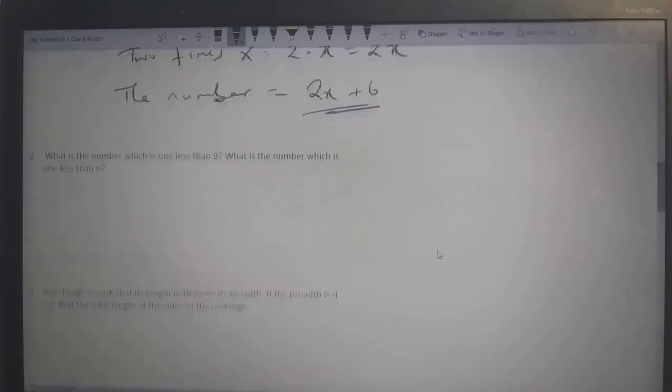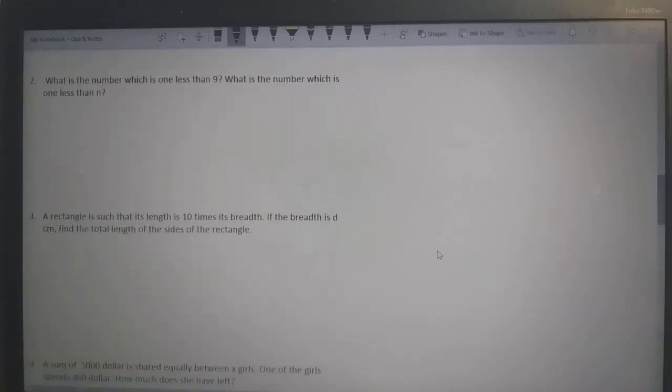Okay, now this is another situation. You are looking at more questions, because more questions will help you develop that problem solving skill. Now, what is the number which is 1 less than 9? All right. Now remember, I said that less than implies what? Subtraction. And guess what this number is going to be?